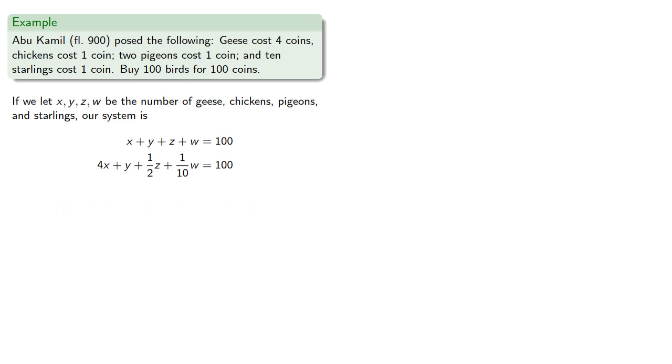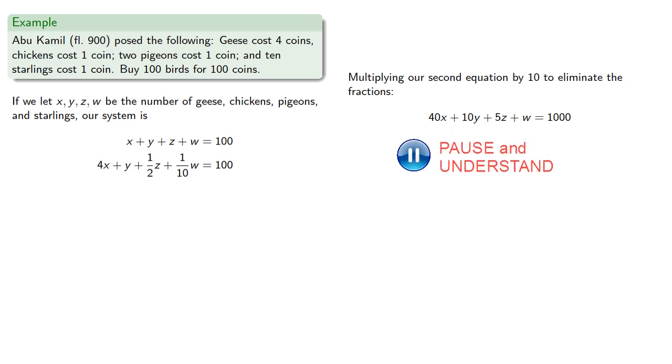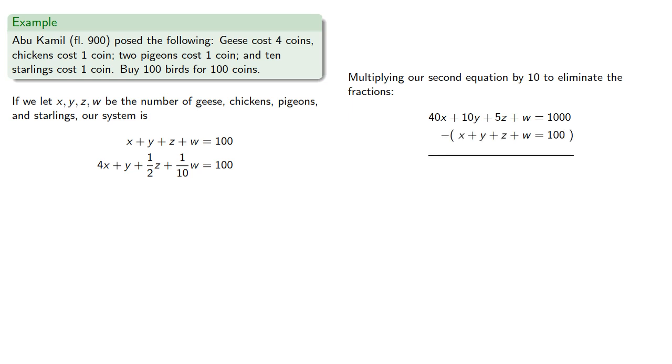So if we multiply our second equation by 10 to eliminate the fractions, and then subtract the first, we'll eliminate one variable. And so we want to find integer solutions to.